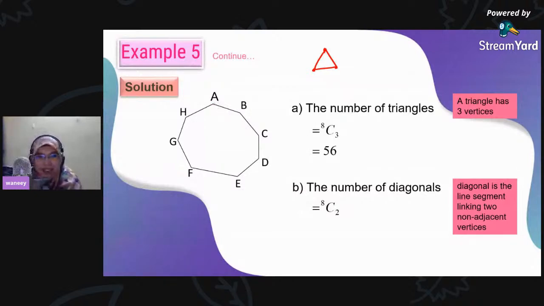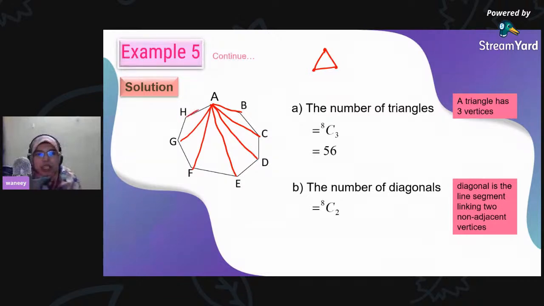So I might get something like A to B. But I don't want them because I want the diagonal. That means it should be A to G, A to F, A to E, A to D, and so on. So I don't want AB or even AH.